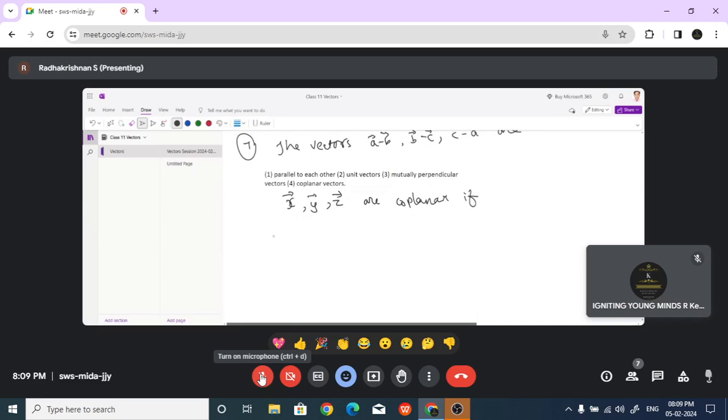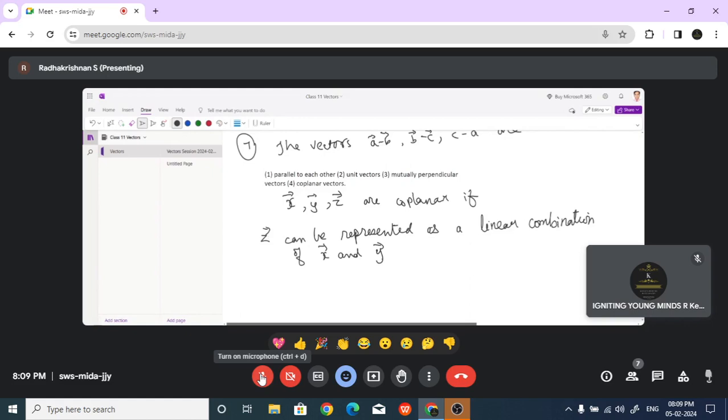If one of the vectors, let us say Z, can be represented as a linear combination of the other 2 vectors, it means some scalar into X plus another scalar into Y equals Z. If we can represent like that, then those 3 vectors are coplanar.